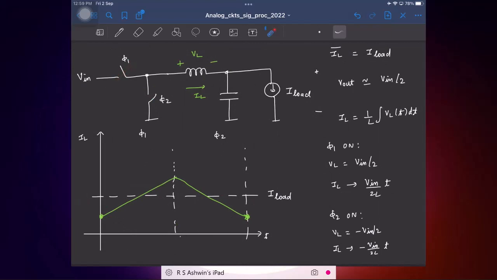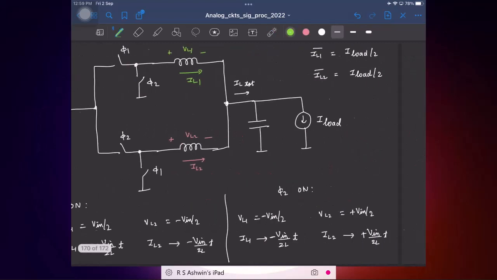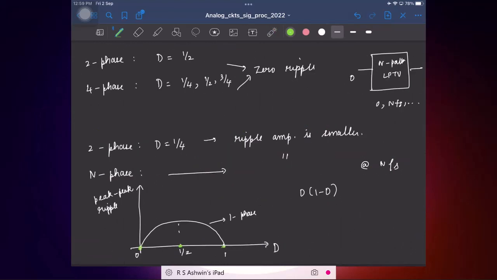And when D is 1, this is always connected. So there is no switching again, we expect constant. So when you have a two-phase operation, you will have 0 ripples at these 3 points. Okay. And this is for two-phase.